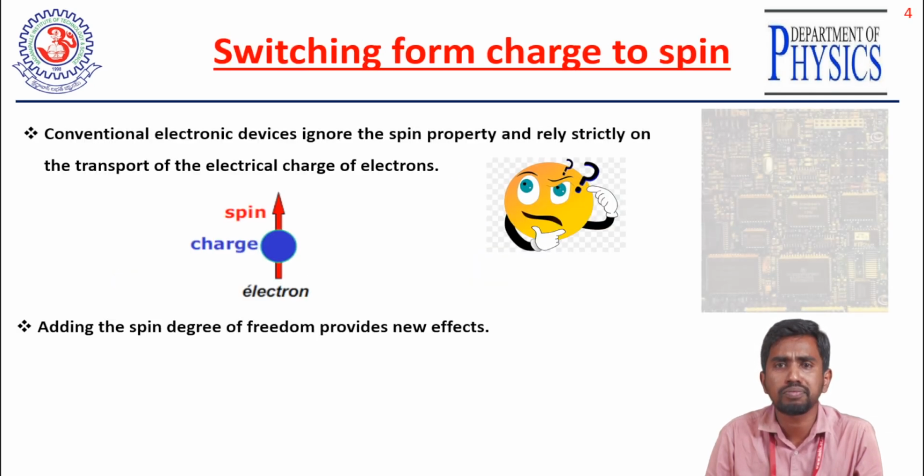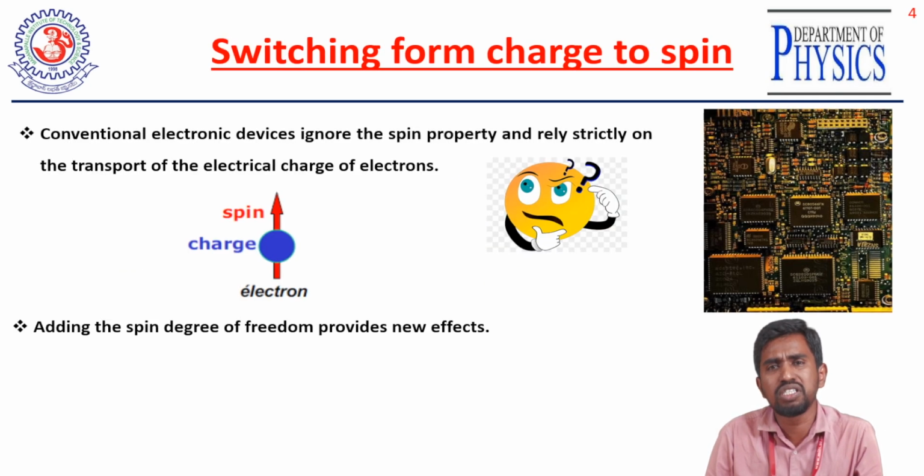So now we will switch from the charge application of an electron to the spin application. I already told you why we are interested in switching from charge to spin, because spin is a very good replacement for charge.